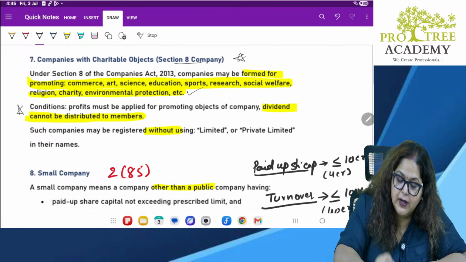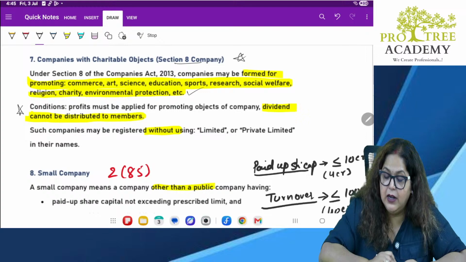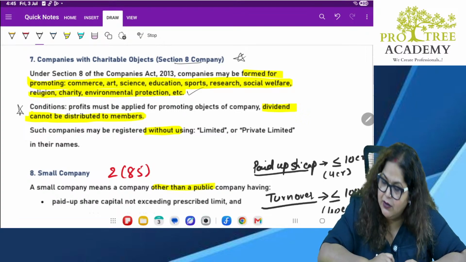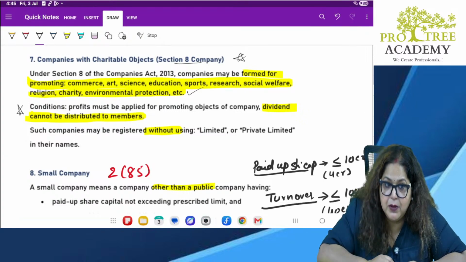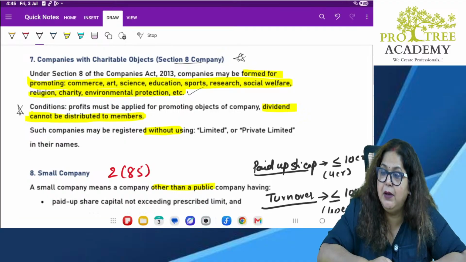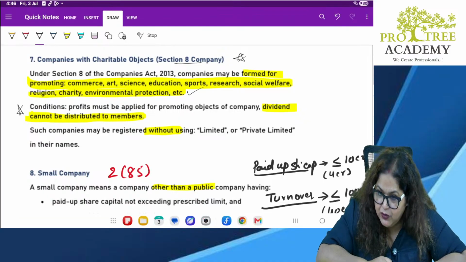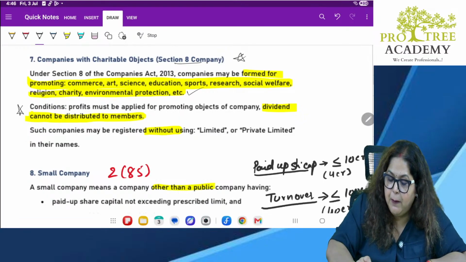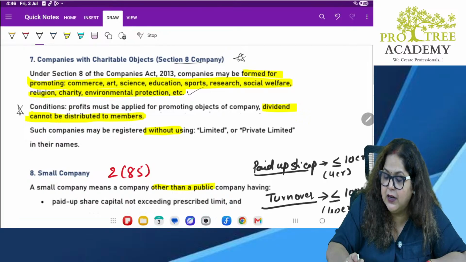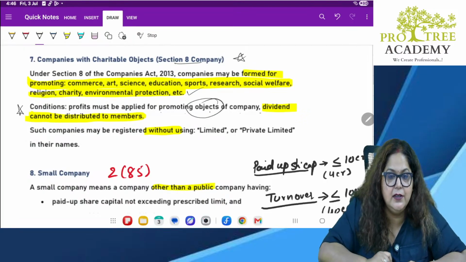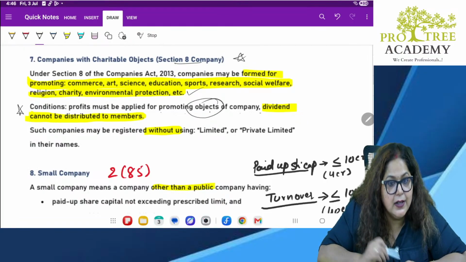Condition, profit. This is also important. If it is for environmental protection, research, social welfare, is this company for the purpose of making profit? Can the members, the shareholders, take the profit? No. Profit must be applied for promoting the object of the company. What is the object of the company, guys? Promotion, research, sports. That is the object.